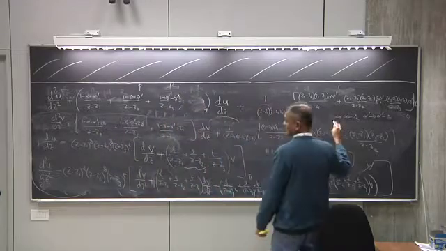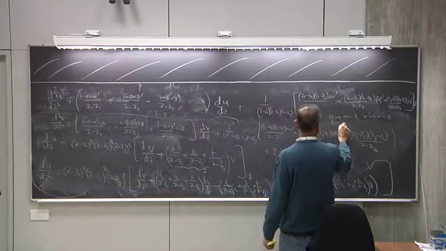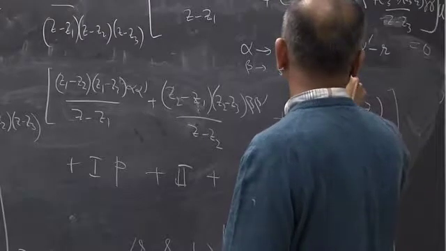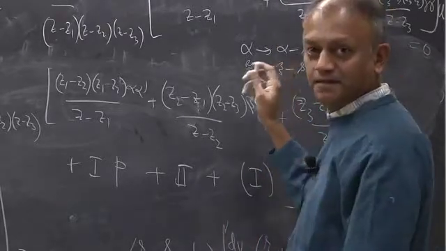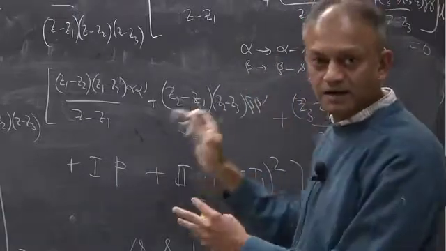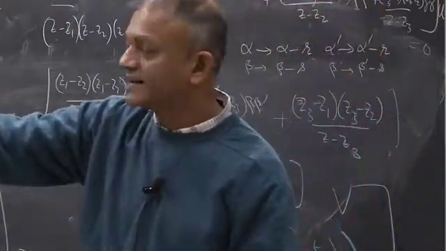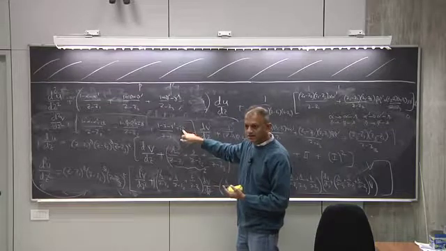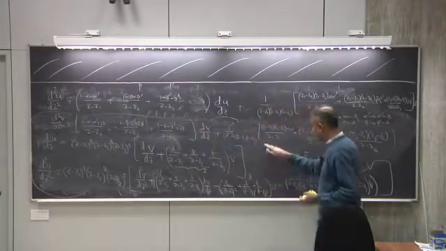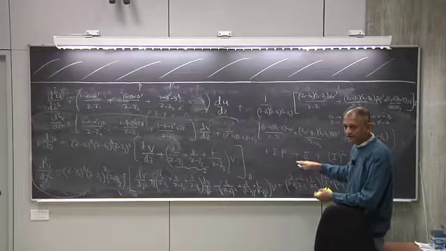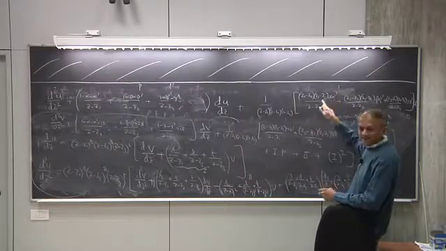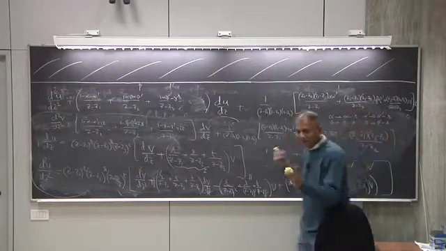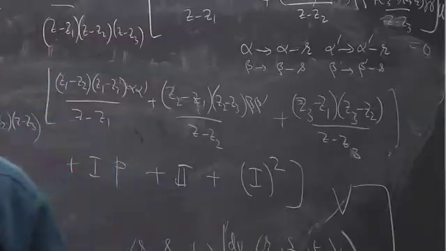And same thing with beta replaced by beta minus s, beta prime replaced by beta prime minus s, etc. And similarly gamma replaced by gamma minus t, as you can read off from here. It is quite amazing that when you add up all these horrible looking terms, that's all it does. I mean, you try to do that, just to convince yourself.